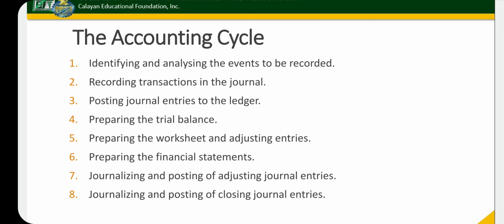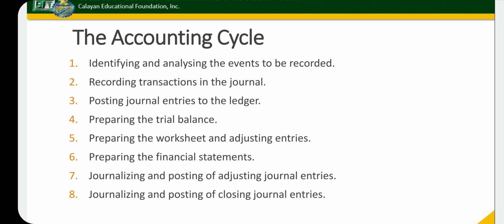What we are going to record are those transactions which are financial in nature or which involve cash or any non-cash assets or properties which are measurable. Okay? So before we proceed to step number 2, we're going to analyze first the business transactions if we're going to record them in our journal or not.